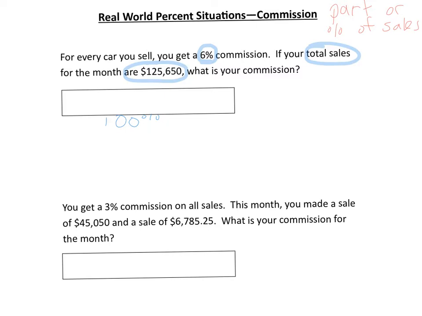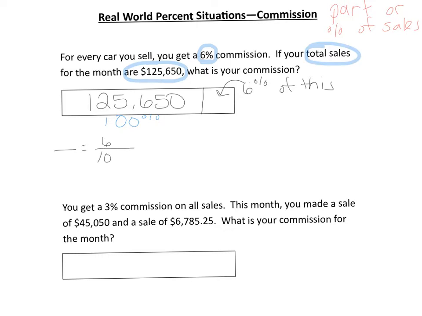This tells us that the total amount, 100% of your sales, is $125,650. And what we're being asked about is 6% of this. So we want 6% of this, meaning we are wanting to take a part of it. Therefore, we would set up the proportion.